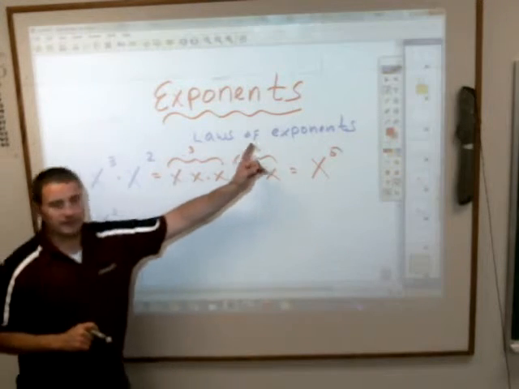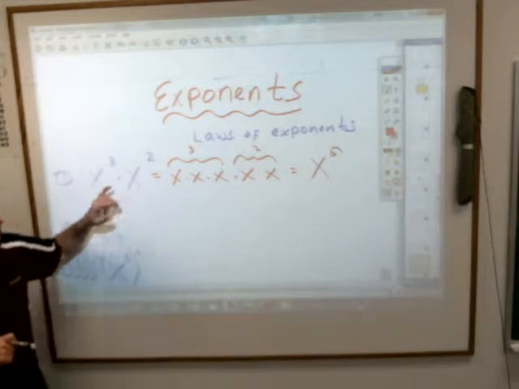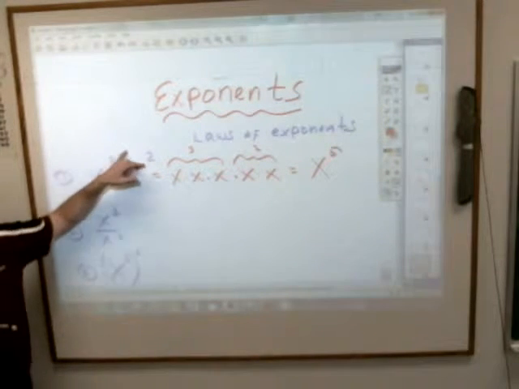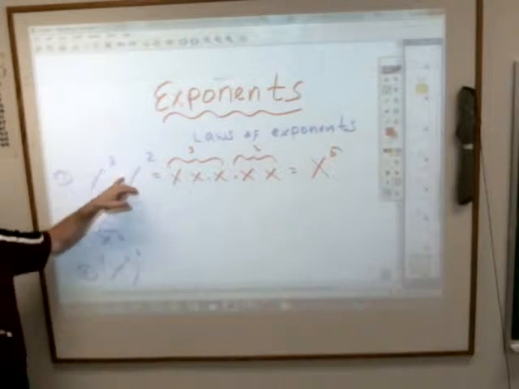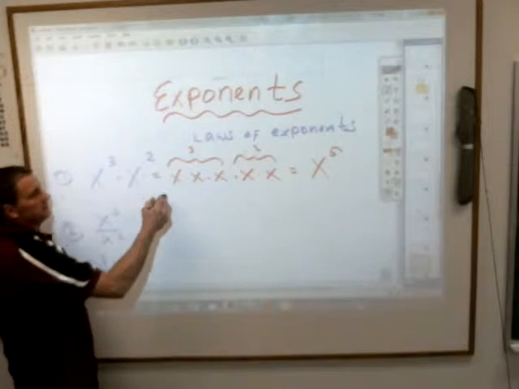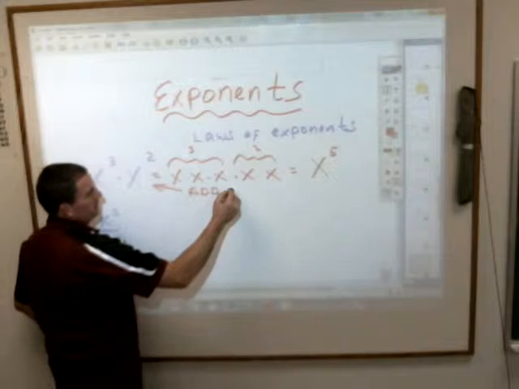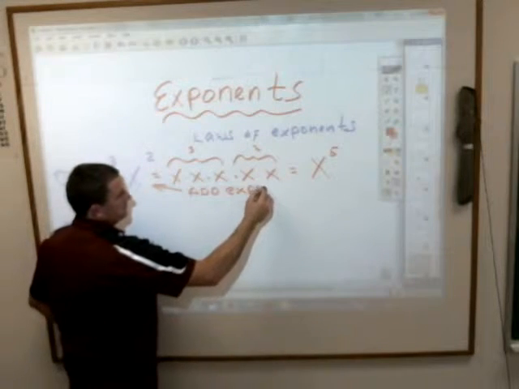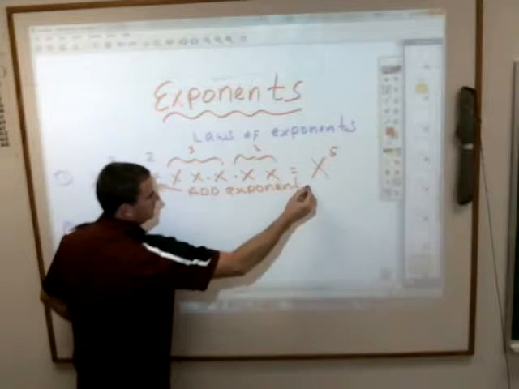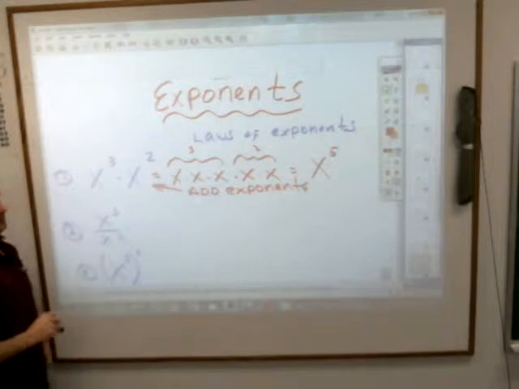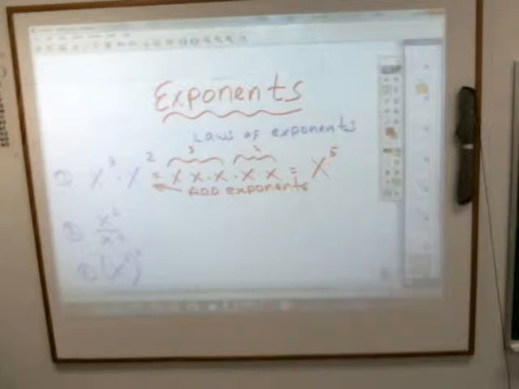With the laws of exponents, when you multiply two of the same bases together, the rule is this: you need to add exponents. Okay? You need to add exponents.